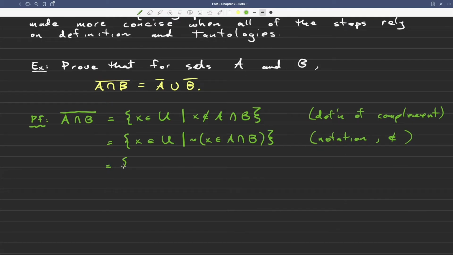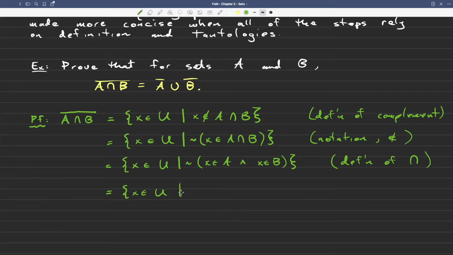And then now I'm going to apply the definition of intersection. Say this is not (X is in A and X is in B). So here we're using the definition of intersection to say X being in A intersect B means X is in A and X is in B. The next step would be to use De Morgan's law of logic.